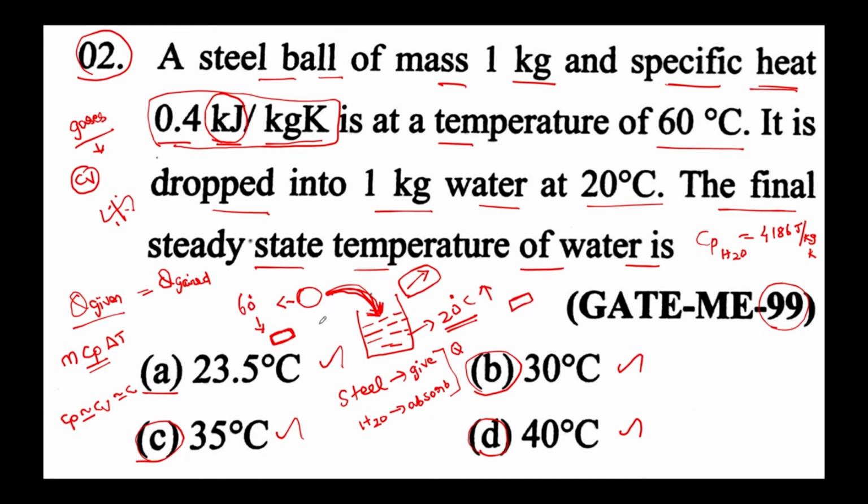So I can say that the steel ball and water at one point will reach a thermal equilibrium, which means the temperature of both steel ball and water would be one and the same until this heat transfer process occurs, right? So let's make use of this concept in this problem to find the answer.